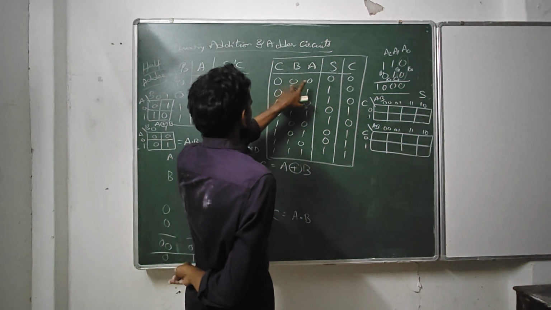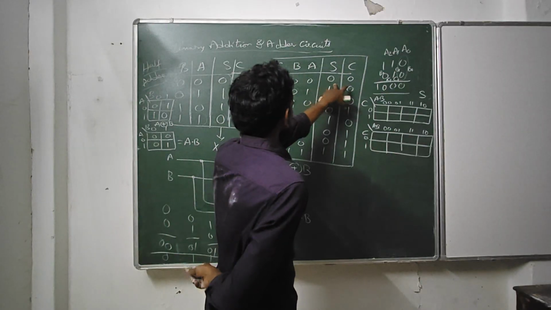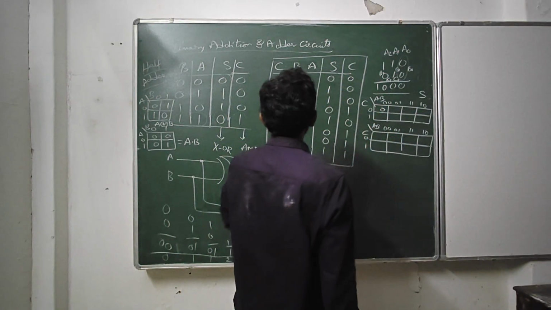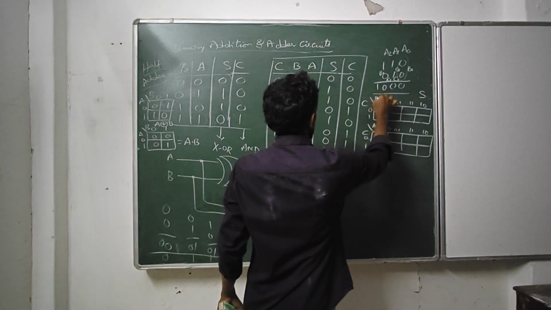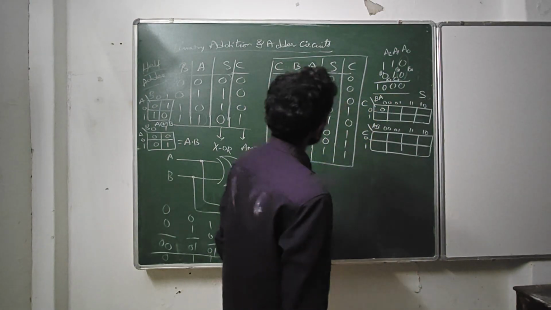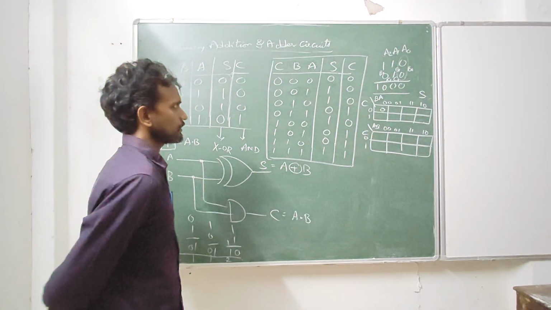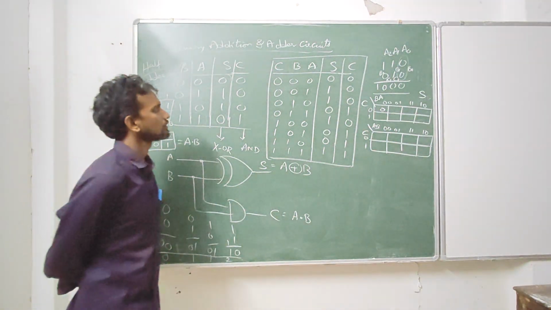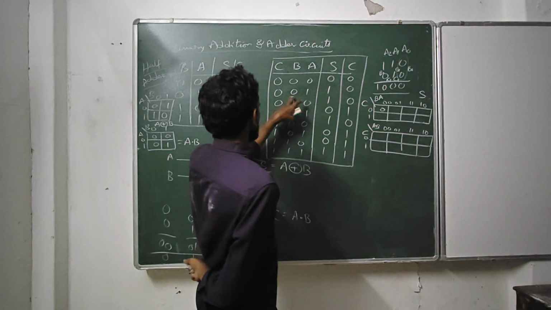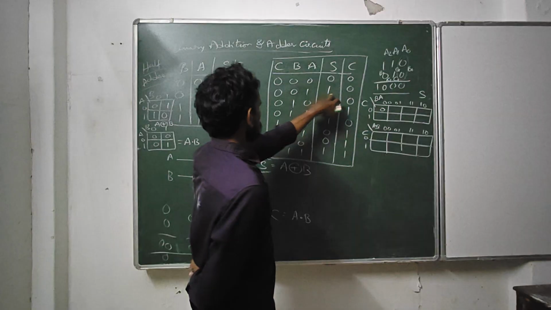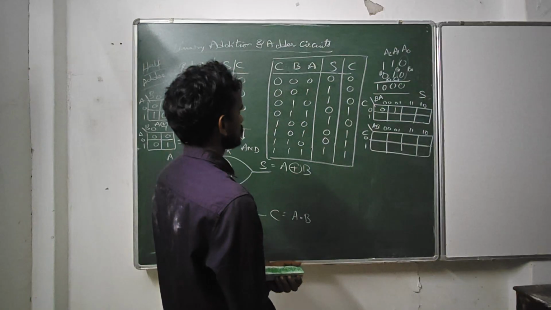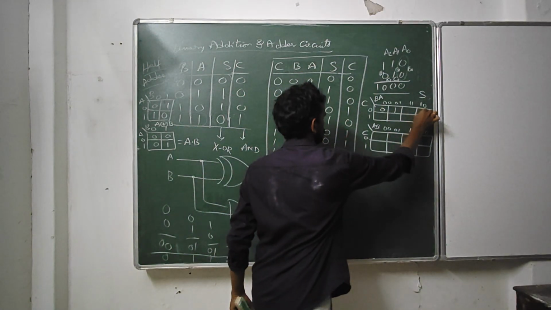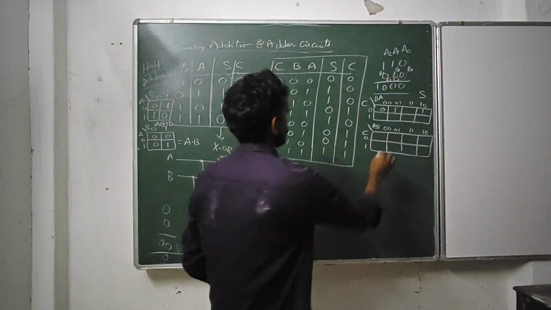B and C is 0, sum is 0, A is equal to 1, is that okay? C, B, A, I mean, you can fill the table in the same order. So B is 0 0, 0 1, result is 1. 1 0, result is 1. 1 1, result is 0.